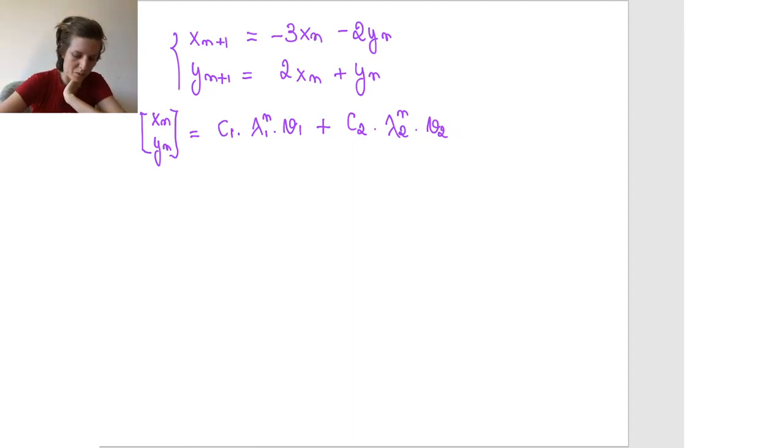So we have our matrix here, let's call it M, and then we need to find its eigenvalues.